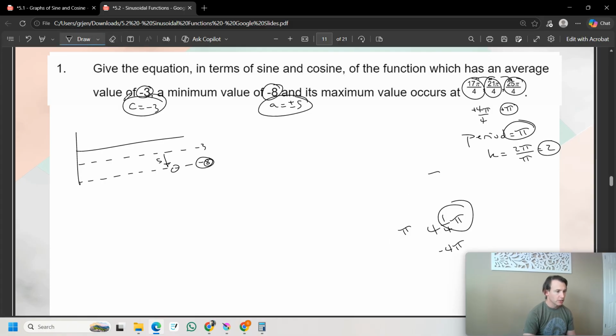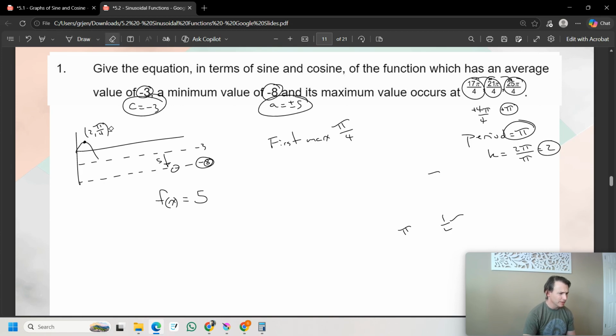All right, so we know our first max is at pi by 4. So that gives us f of x is equal to, we have an amplitude of 5. We are going to use positive cosine because our first maximum, and that's where cosine starts, is at pi by 4, 2. Sorry, I dyslexic that.